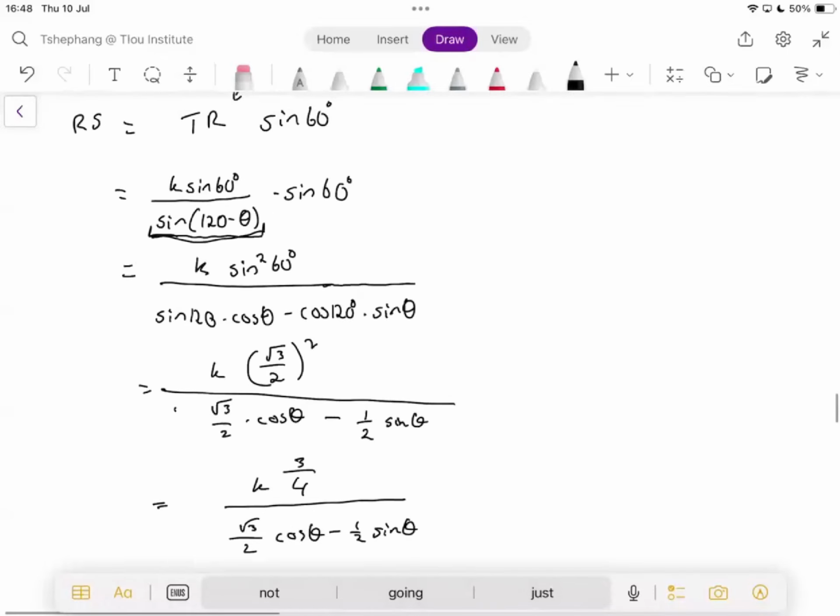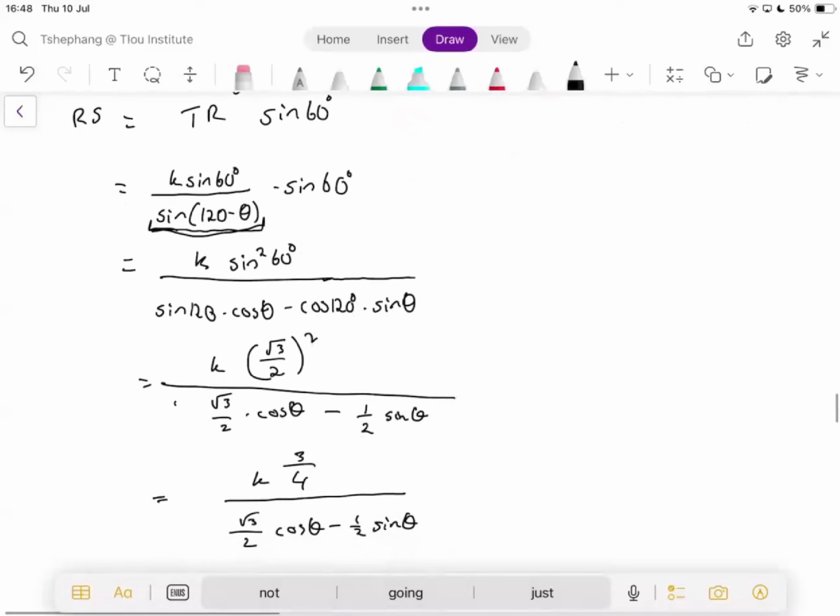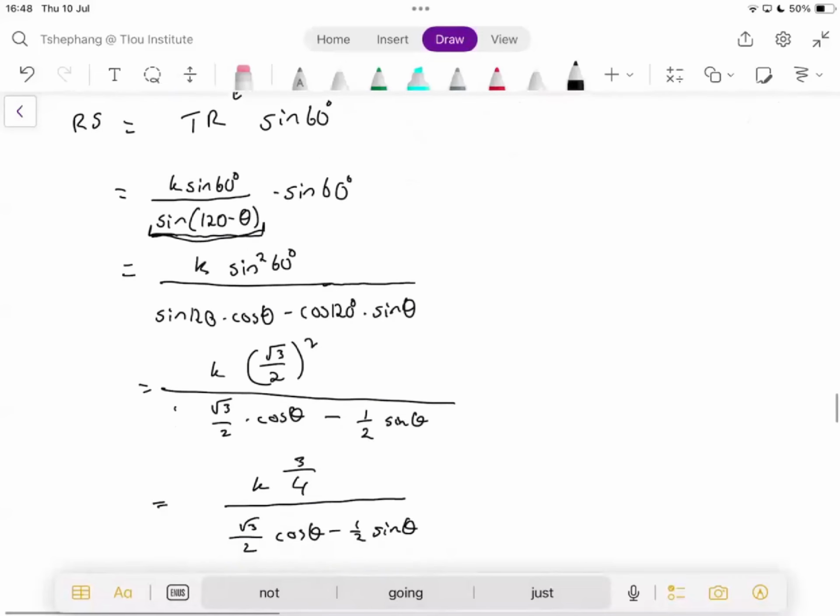Now, what is it that they wanted? They wanted a 3k. So I'm going to multiply the top by 4 and the bottom by 4. So 4 over 4, think about it. This cancels that. So I haven't really done anything to the equation.